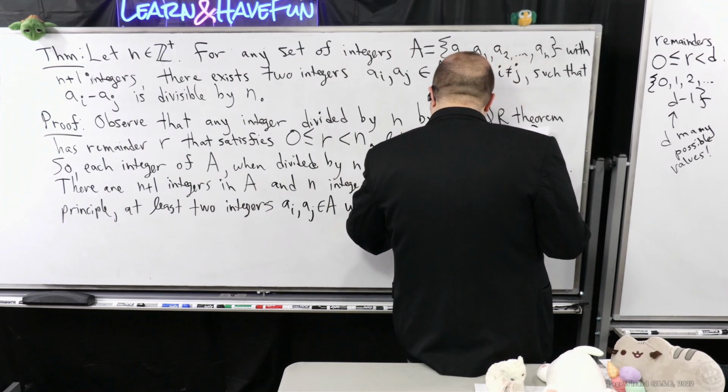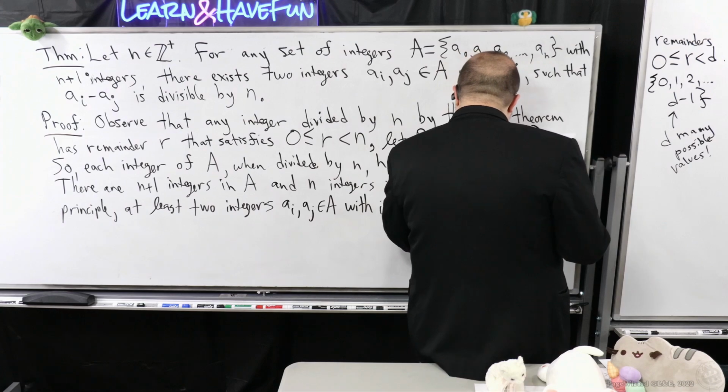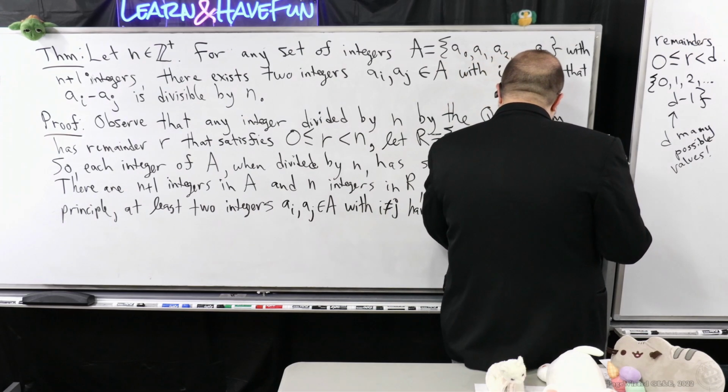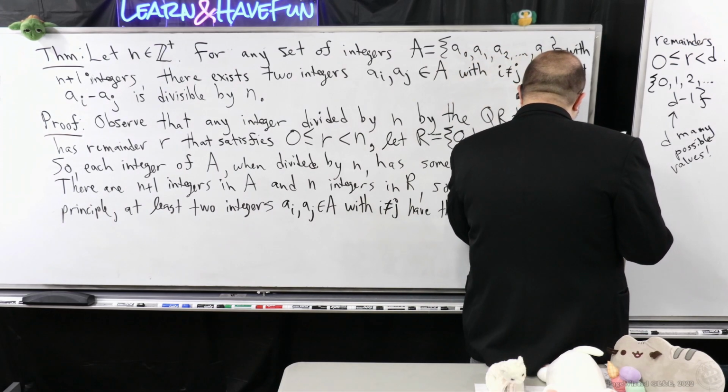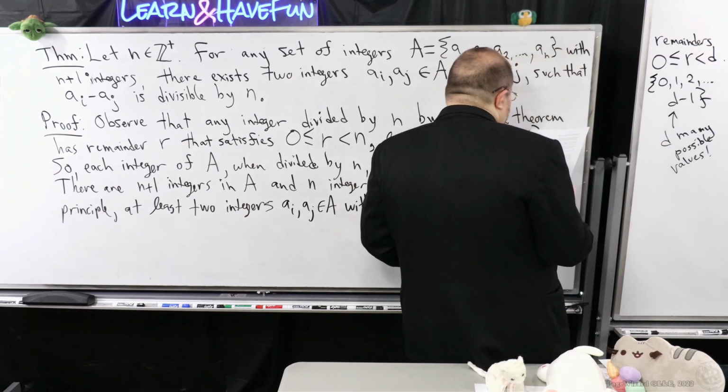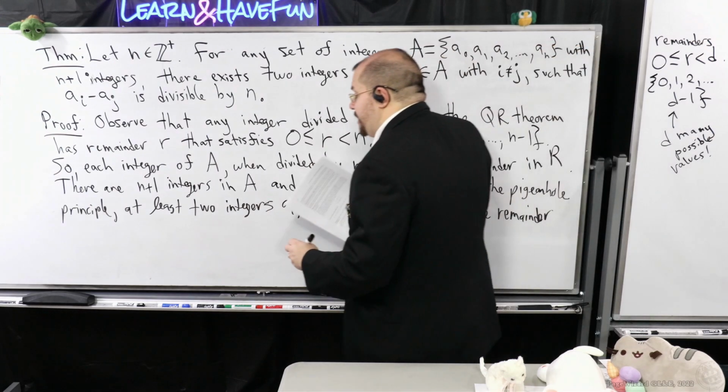They have the same remainder. So there's going to be two of the elements in A that have the same remainder when divided by n.